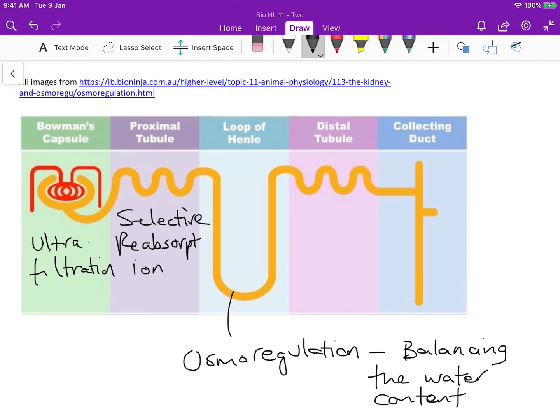In the distal convoluted tubule, we get some further selective reabsorption. We also have secretion of toxins.